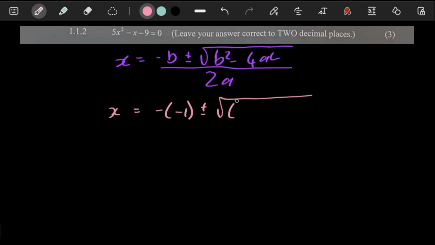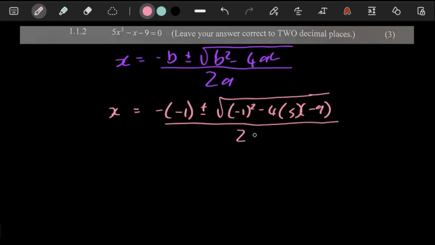C is -9, and then the a value is positive 5. Perfect. So we have to put all this in the calculator.